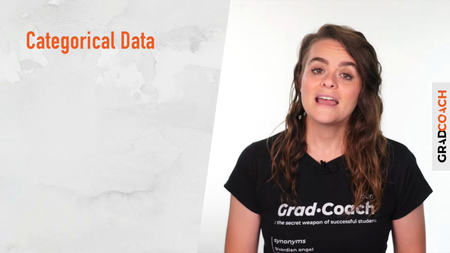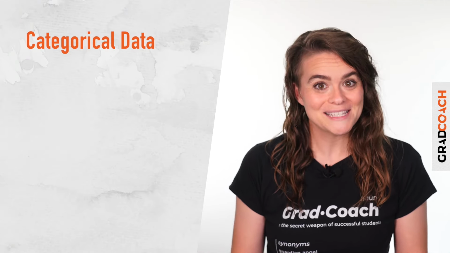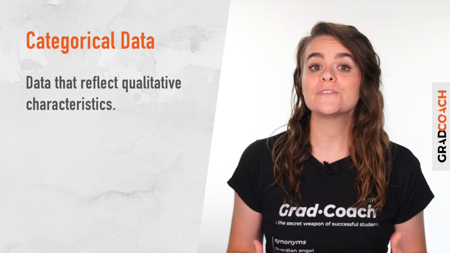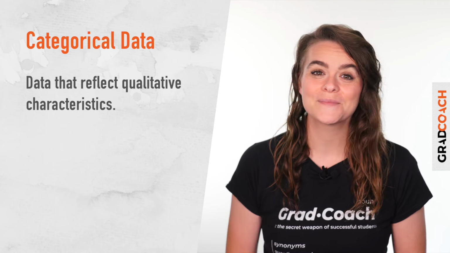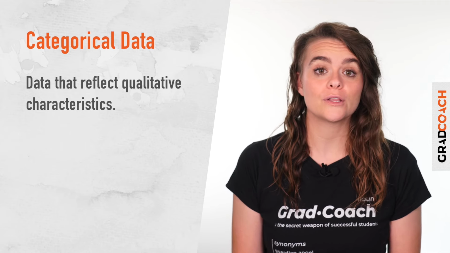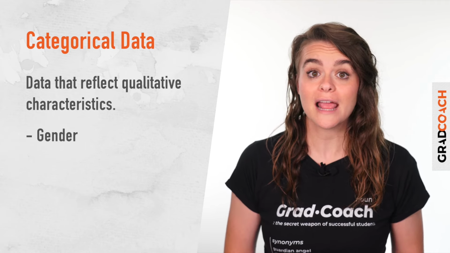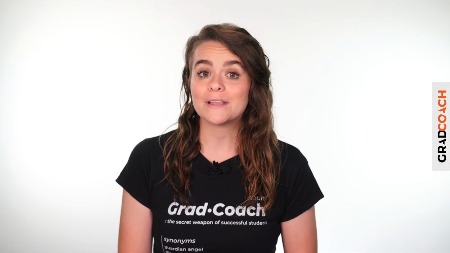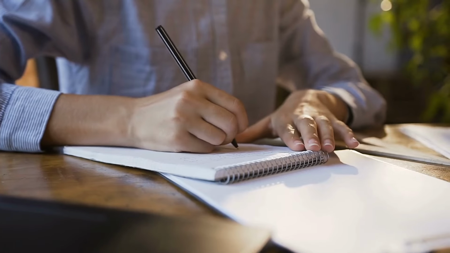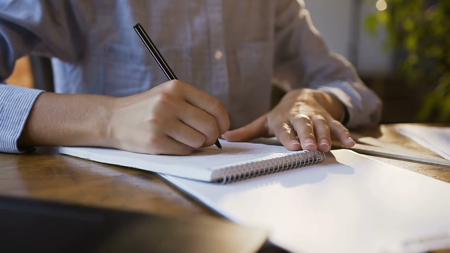Let's unpack them. Categorical data, as the name suggests, means data that reflect characteristics or categories. No big surprise there. For example, categorical data could include variables such as gender, hair color, ethnicity, or even coffee preference. Simply put, utilizing categorical data is essentially a way of assigning number values to inherently qualitative data.